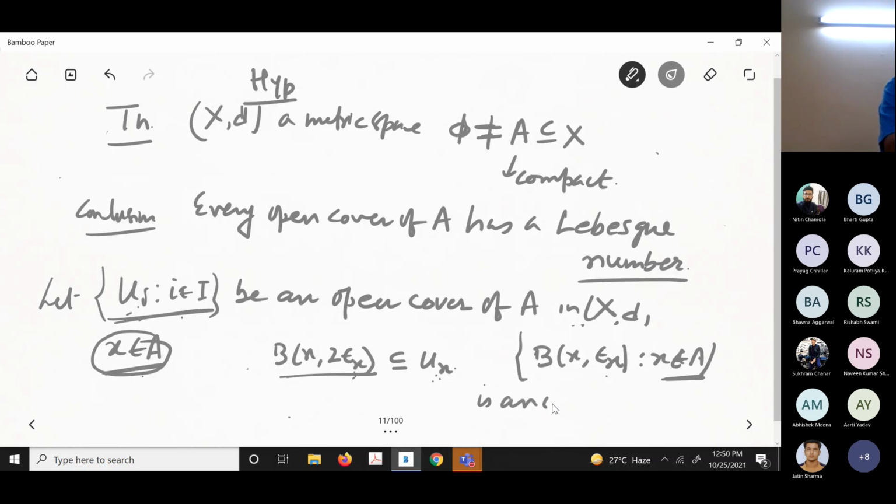So the collection of balls is an open cover of A. But A is given to be compact, so it has a finite subcover.